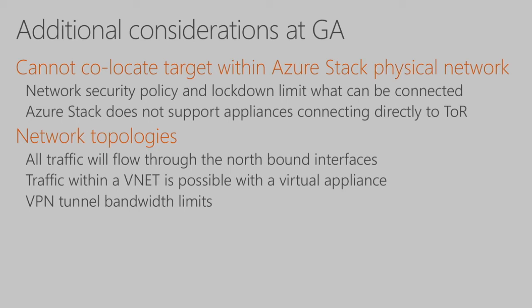From a network topology perspective, I keep mentioning northbound interfaces. Keep that in mind when you're enabling protection for your customers. Obviously, within a VNet, you can have a virtual appliance that takes a backup or replicates. Think about those appliances on stack as an optimization. Whether it's compression or encryption or deduplication, they should just do the work to optimize and then shoot the data out.